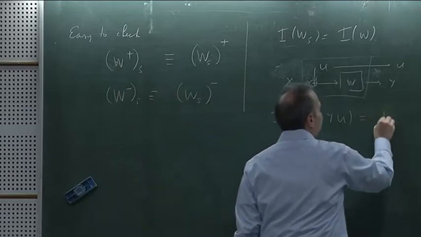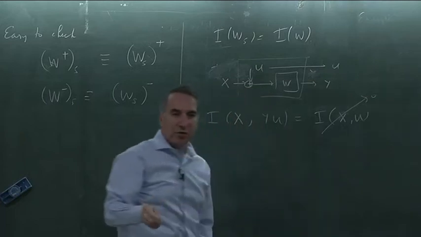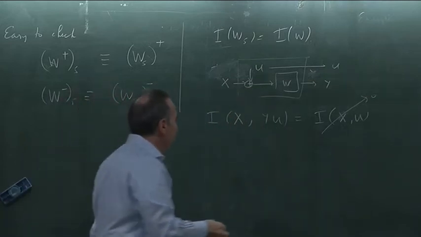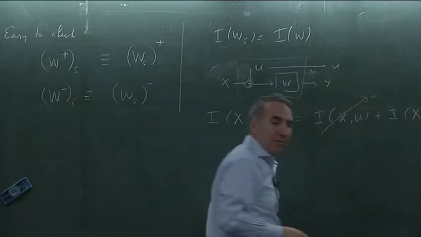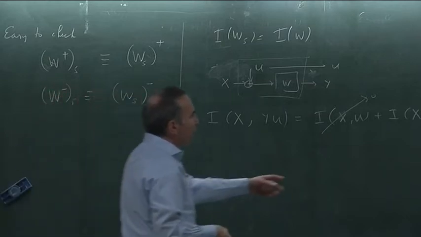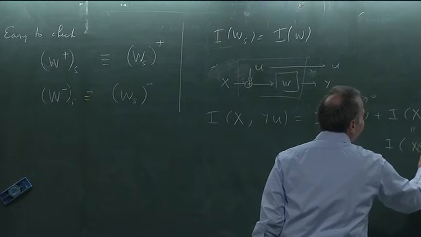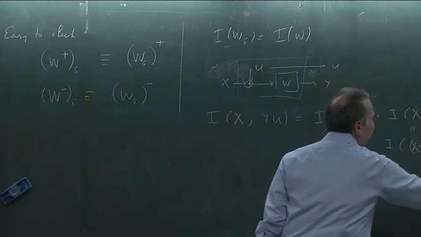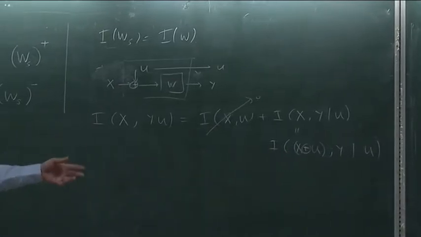So you write this as I of X and U, which is 0 because U is chosen independently of X. And then you have here I of X and Y conditional on U. Okay. But since you have conditioning, this is the same as I of X+U and Y conditional on U. Because U is already given to you, you can use U wherever you want to. It's not going to change the value of the mutual information.